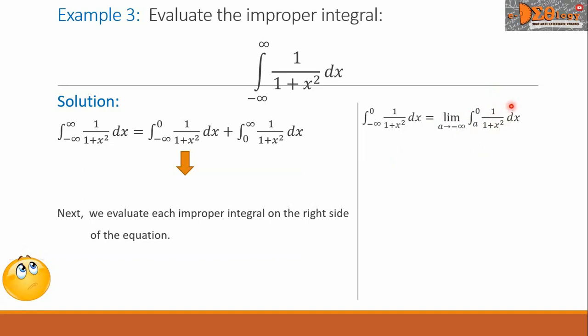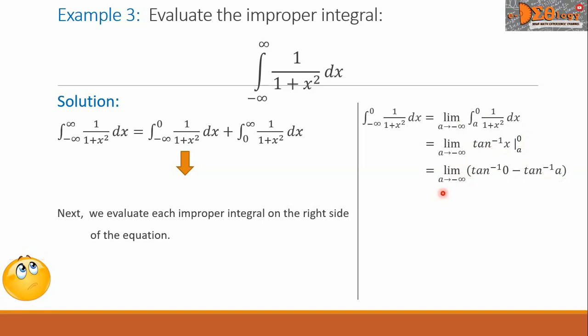The integral of 1 over 1 plus x squared dx is a special formula, and this will lead to the tangent inverse x. So we write it here. But this must be evaluated with the limits from a to 0. Substituting now, we have tangent inverse 0 minus tangent inverse a.